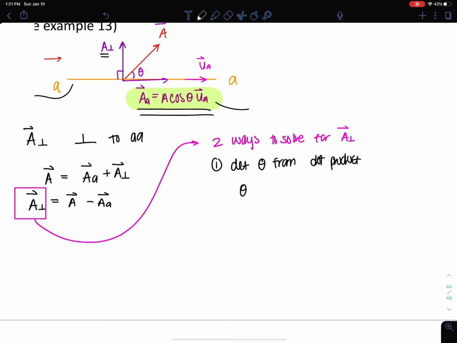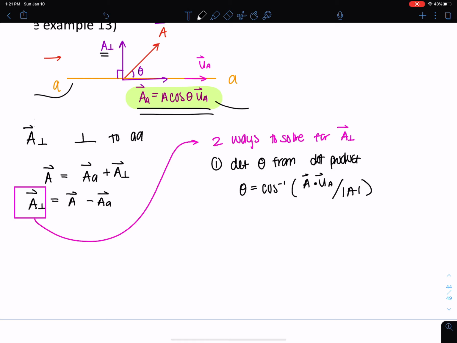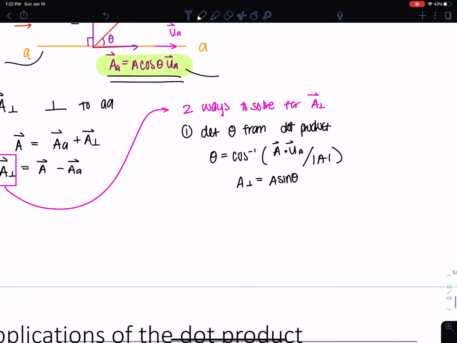And I would get theta is equal to cosine inverse of A dot UA, my scalar quantity here, divided by the magnitude of A. And I can solve here for A perpendicular as just A sine theta, right? It's just the sine. If I have theta, which is A cosine theta, I can solve for A perpendicular, which is A sine theta. Okay, that's one option.